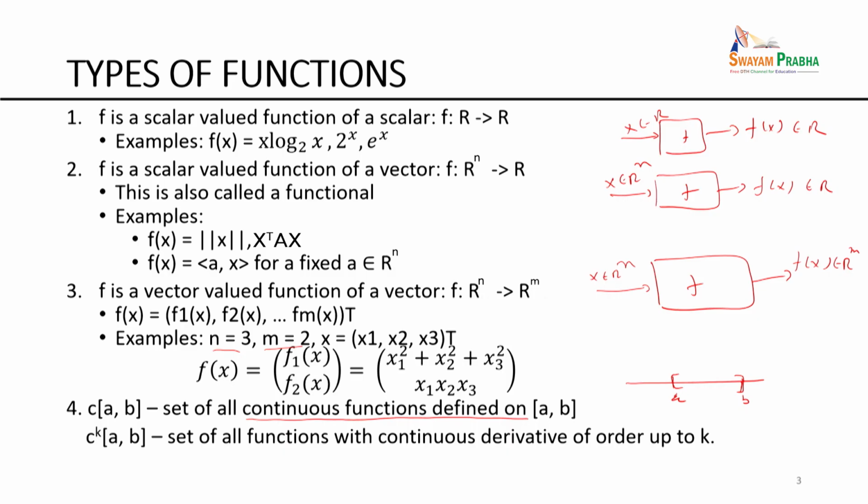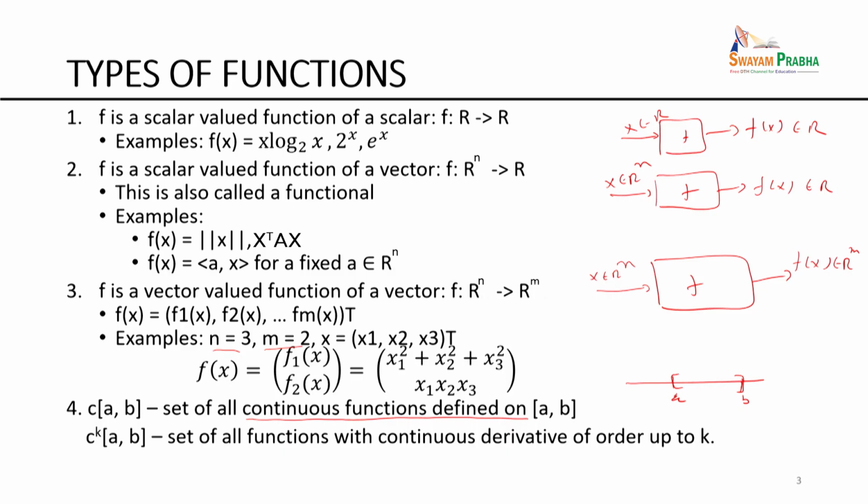Now, a function can be discontinuous, it can be continuous, it can be continuously differentiable to order 1, order 2, order k. If I say C^k(a,b), it is the set of all functions with continuous derivatives of order up to k.